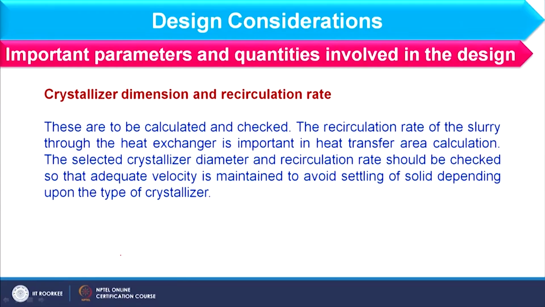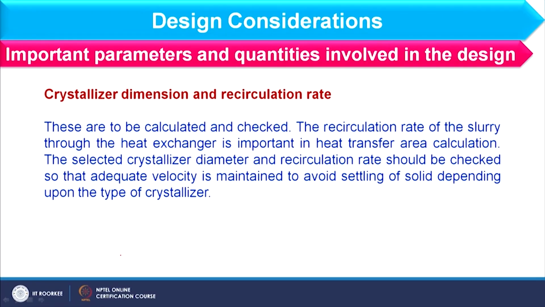And further, we have important parameters like crystallizer dimension and recirculation rate. As far as crystallizer dimension is concerned, it is basically the shell diameter and the height of the crystallizer, right.